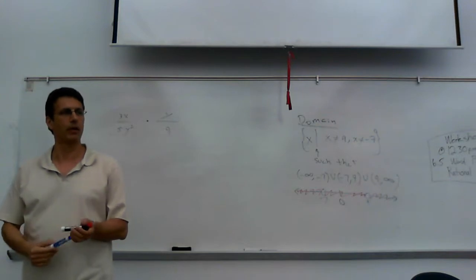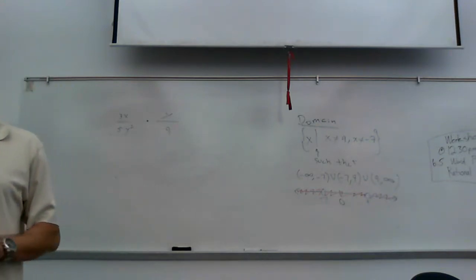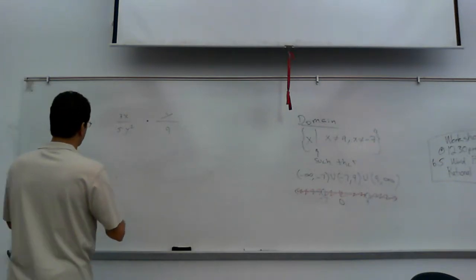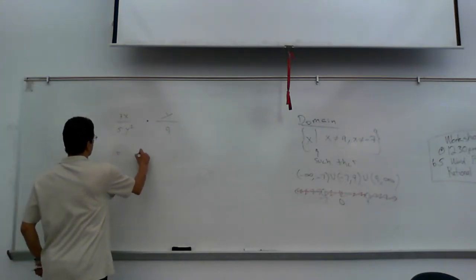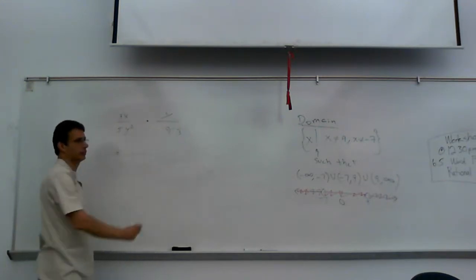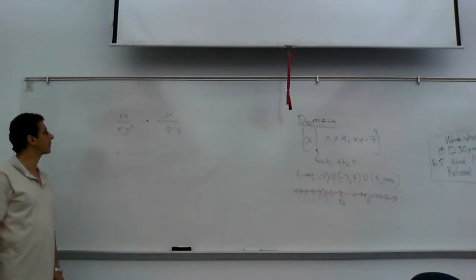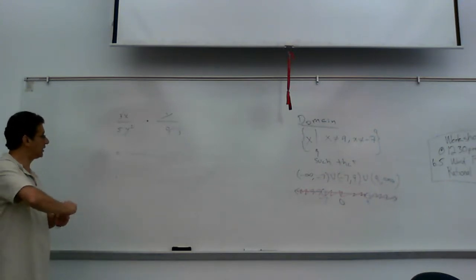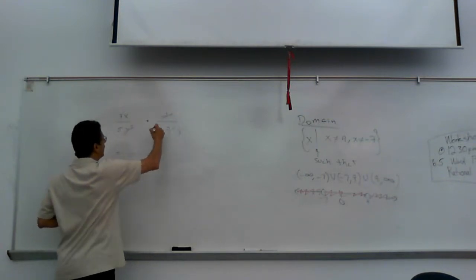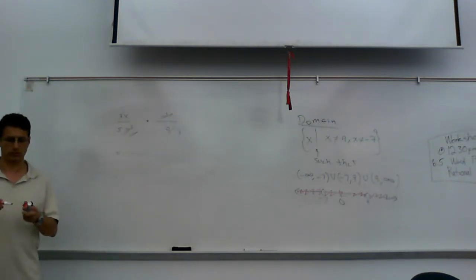Okay, class? Now, before you multiply, we want to simplify, because it makes life easier. So here's the answer. You look at the numbers. Do you see they cancel each other? Yes or no? Yes. And they give us y here.